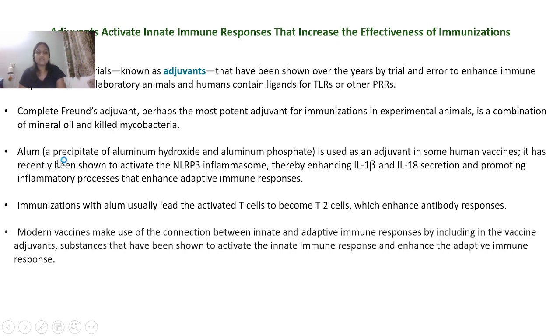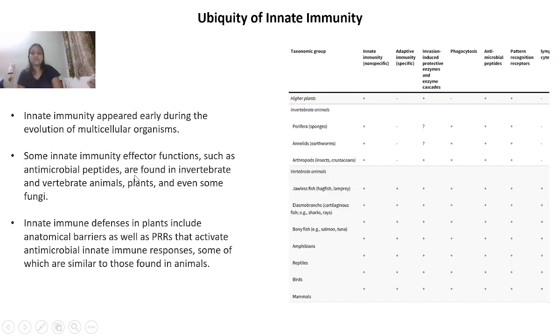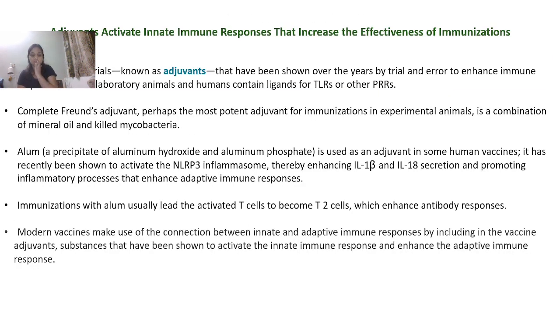Another one is alum, which is a precipitate of aluminum hydroxide and aluminum phosphate, used as an adjuvant in some human vaccines. It has recently been shown to activate the inflammasome, thereby enhancing IL-1 beta and IL-18 secretion and promoting inflammatory processes that enhance adaptive immune responses. Immunization with alum usually leads to the activation of T cells to become Th2 cells, which enhance antibody responses.